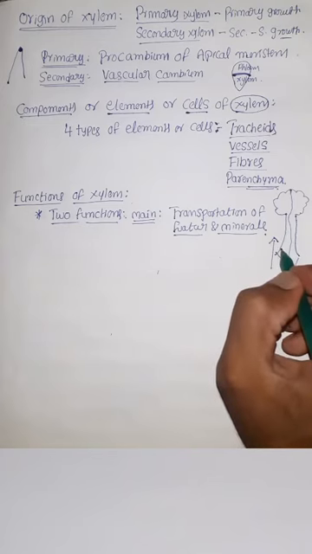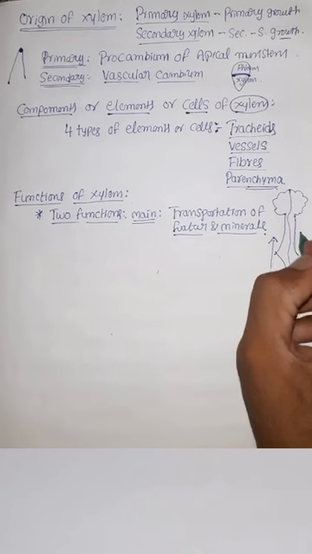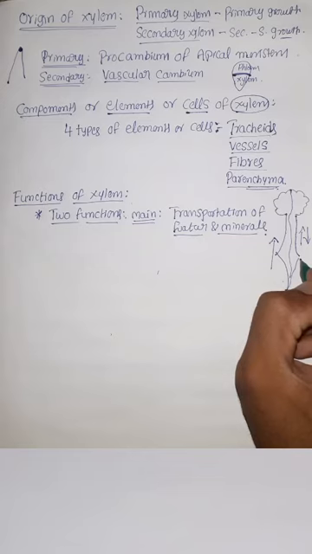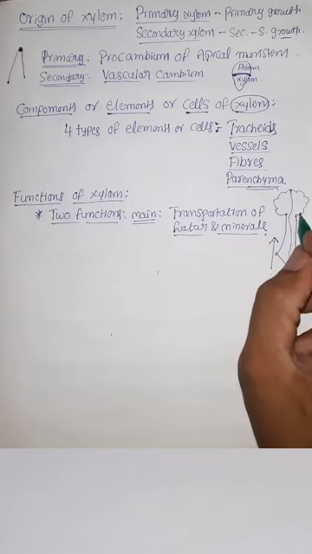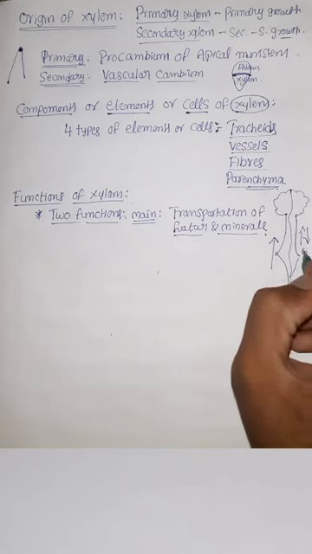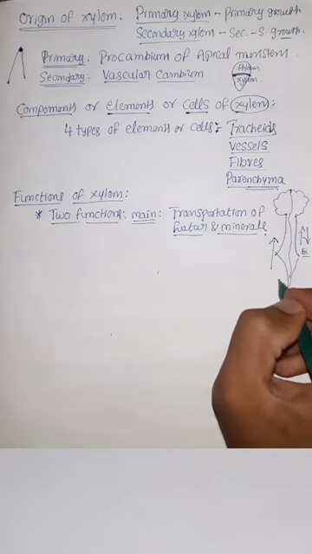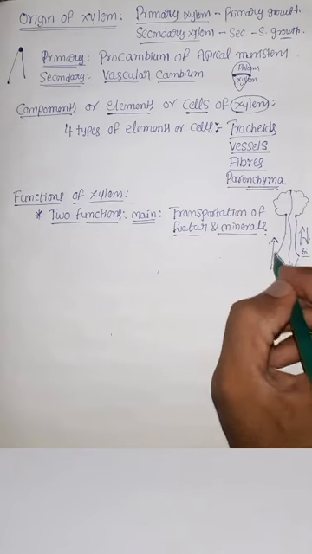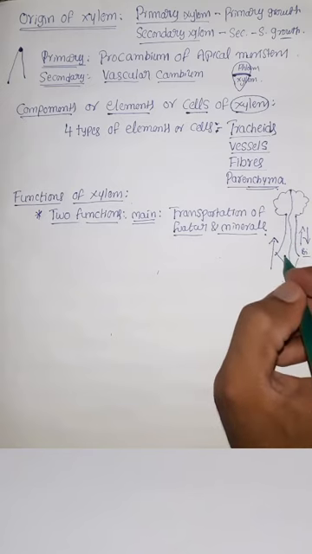This is very important. Whereas phloem transports in a bidirectional way, meaning both root to stem and stem to root. But xylem always transports from root to aerial parts only. Very important.